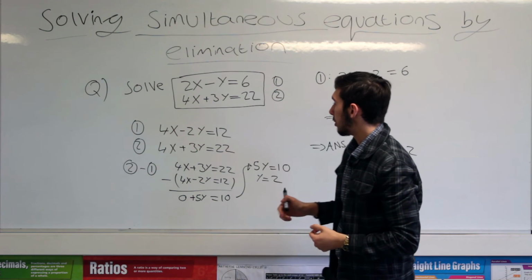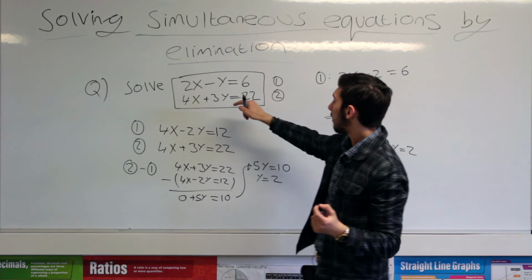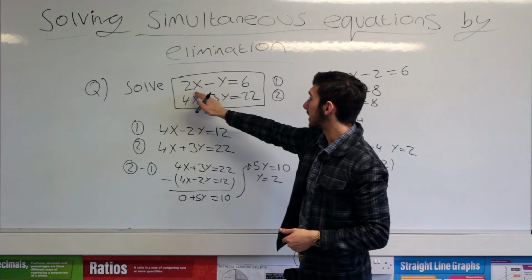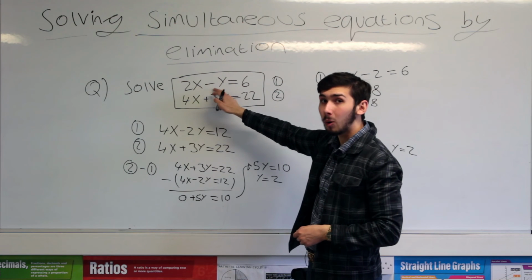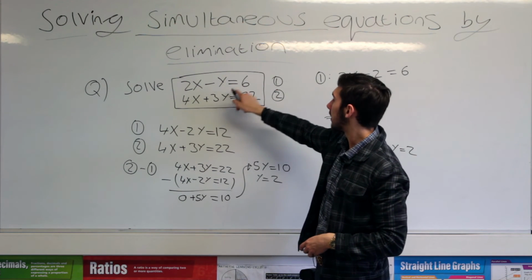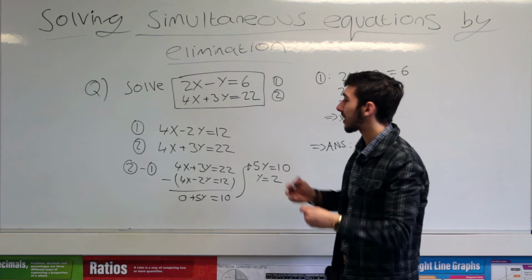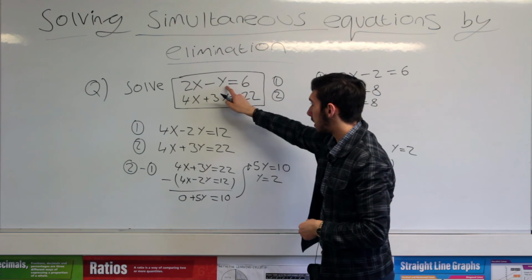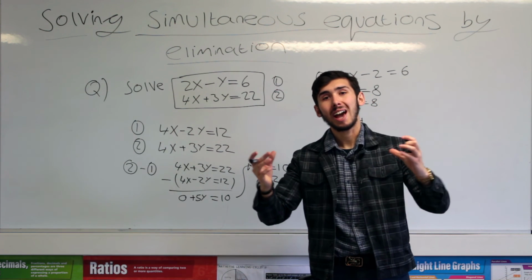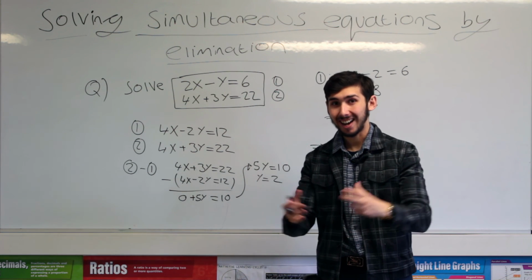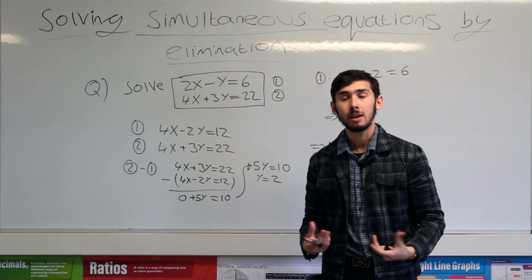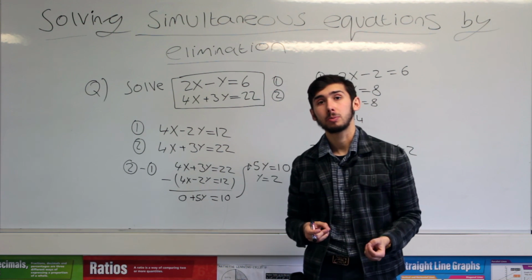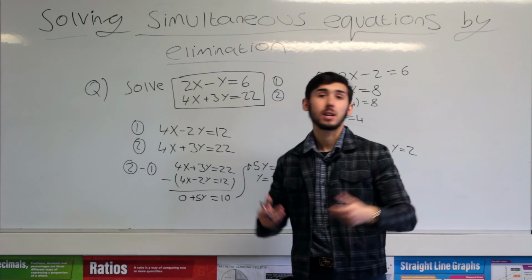If I wanted to, I could multiply the top equation by 3, because then I'd have 6x minus 3y, and I've got a 3y there, is equal to 18, and I could add the equations together to get rid of y, because that would be a negative 3 and a positive 3. So if I added them, instead of taking them away, the y's would disappear, and we would again just have an equation where you need to solve for x. And then you would substitute and you would find y, and it's that simple.